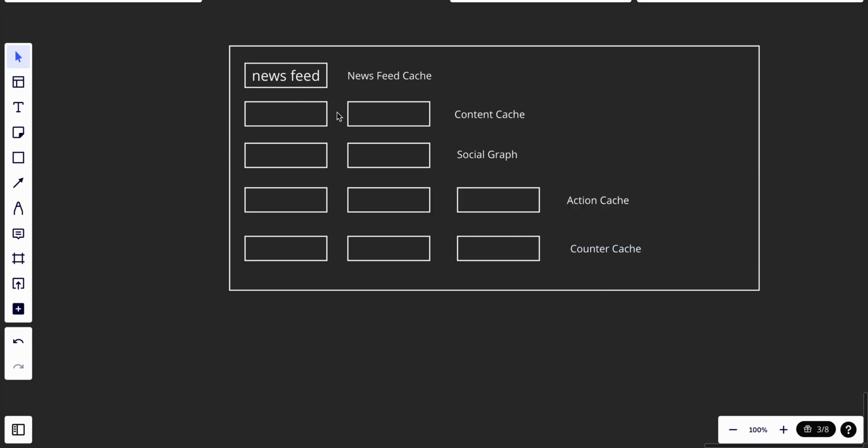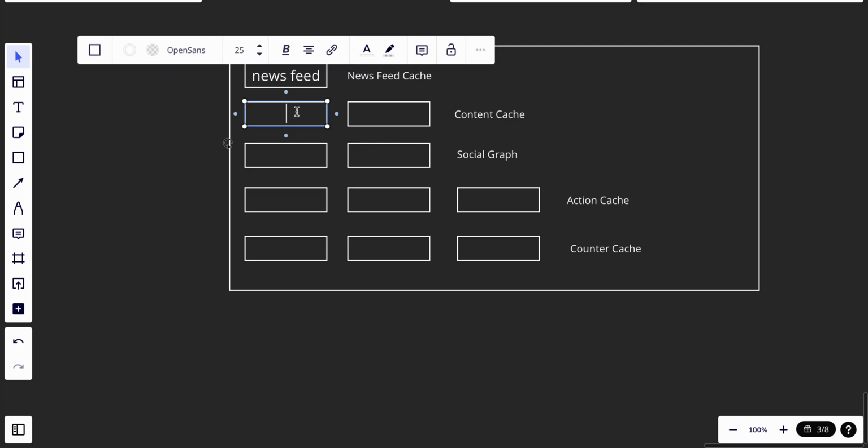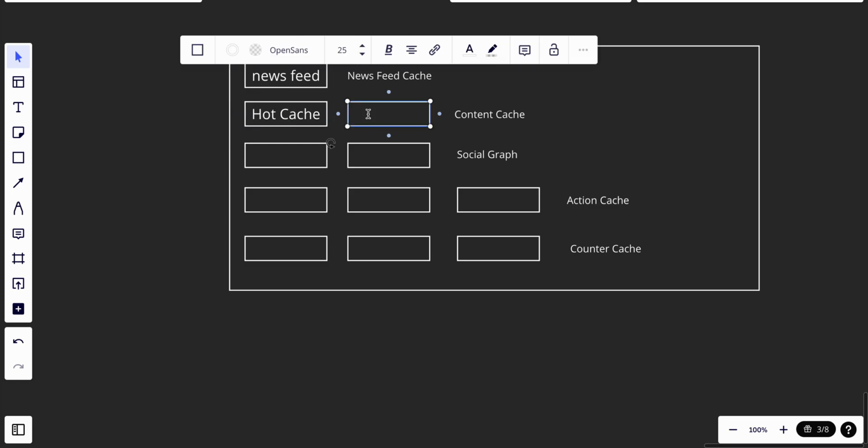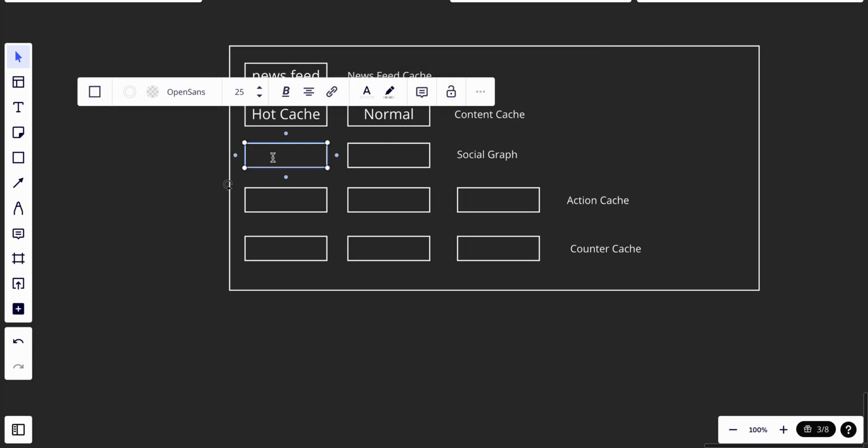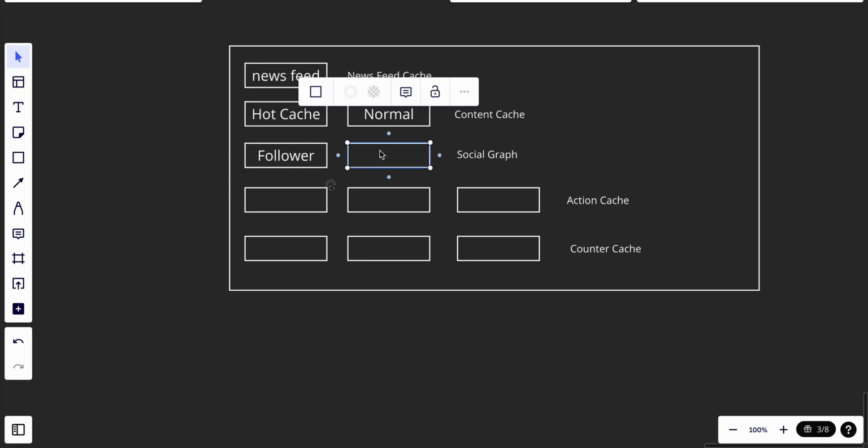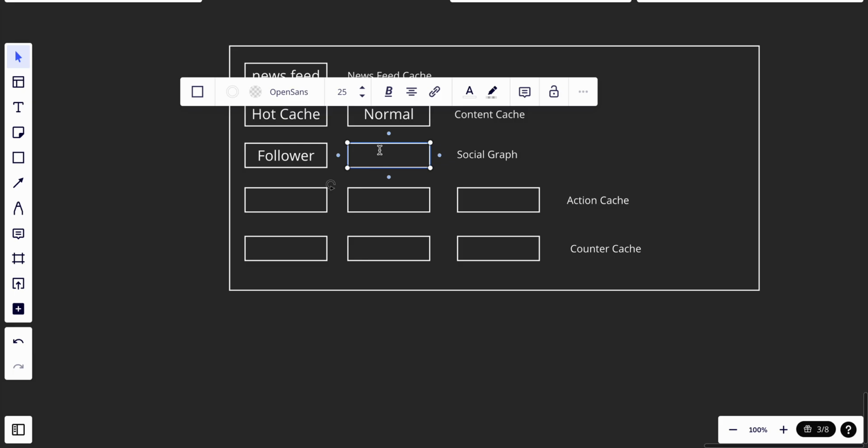So let's just talk about the content cache. We're talking about hot cache and normal cache. And we talk about the follower and the following. This is a social one.